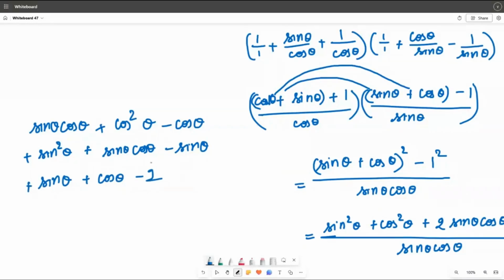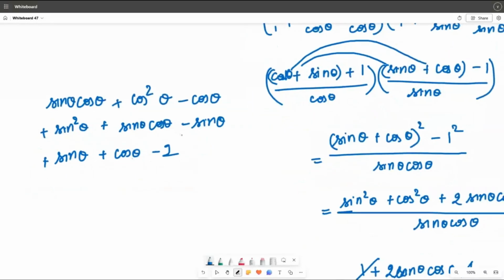So we can see that minus sin and plus sin theta is cancelled, minus cos and plus cos will get cancelled, and what did we get eventually? We got sin square theta plus cos square theta plus 2 sin theta cos theta and minus 1.